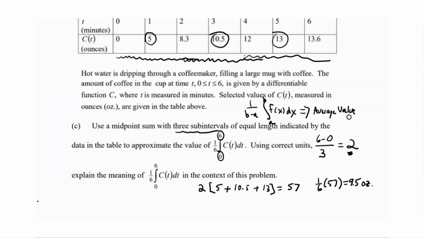Okay, so if I'm going to explain the meaning of this, since we have the 1/6 out in front of this integral, this gives us the average amount of coffee in ounces.